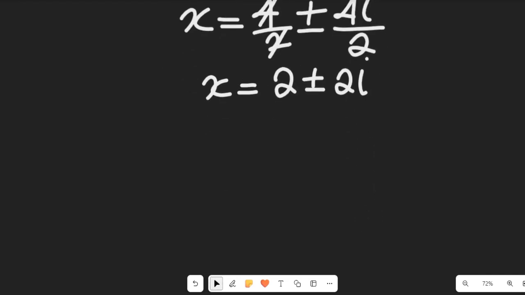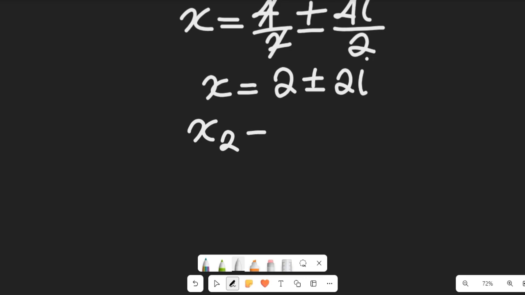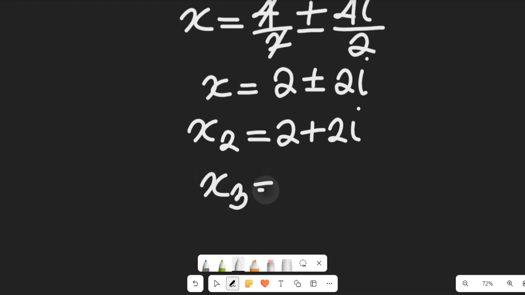So having the first solution for x, our x2 will now be equal to 2 plus 2j, and then our x3 will be equal to 2 minus 2j.